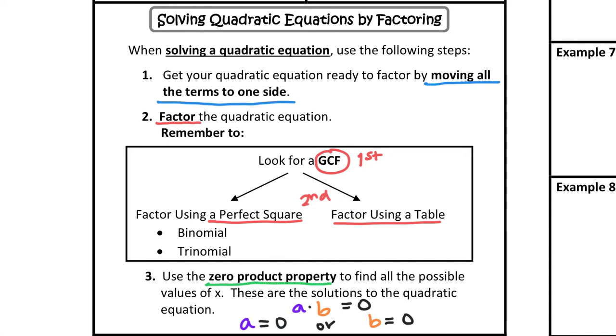So again, the steps are: move all the terms to one side, factor by looking for a GCF or the table method or perfect square. Then third step, use the zero product property. So let's put it all together.